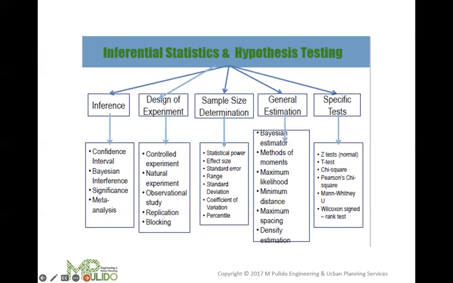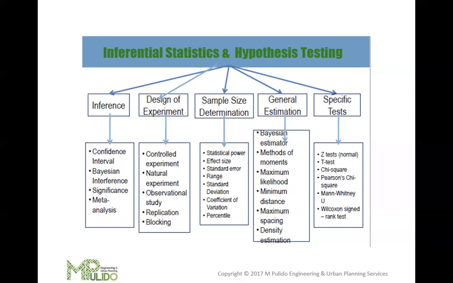inferential statistics and hypothesis testing. Inferential statistics involves making inferences about a population based on a sample of data. Hypothesis testing is a method used to determine whether there is enough evidence in a sample of data to infer that a certain condition holds for the entire population.